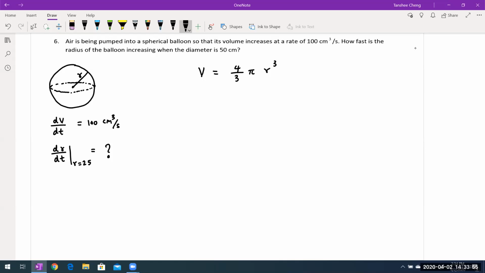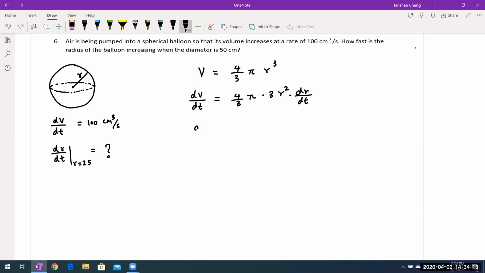Now if I take derivatives with respect to time on this, it'll be dV/dt, which is equal to 4/3 pi times 3r squared dr/dt using the chain rule.